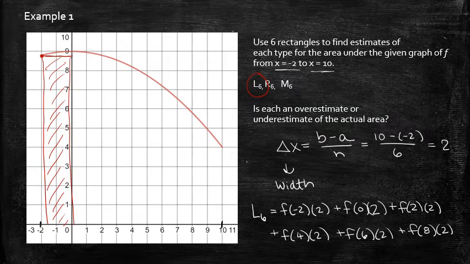Again, the width of each subinterval is the same, so each rectangle is 2 units in width, which is why I'm multiplying by 2 over and over again. The height of the rectangle is what's changing. So f of negative 2 is the height of the first rectangle, and f of 0 is going to be the height of the second rectangle.